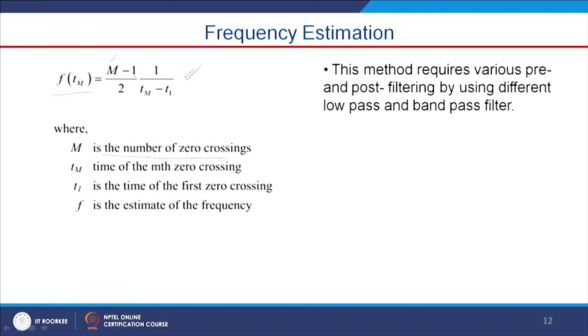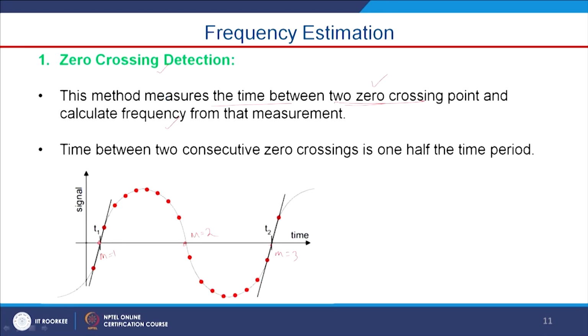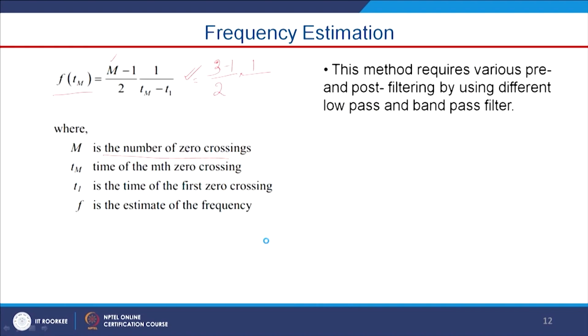Putting m equal to 3, I can write 3 minus 1 divided by 2, whole into 1 upon Tm minus T1, the starting time and the end time. In this case one cycle time period is 20 milliseconds, so the difference between these two should be 20 milliseconds. That means we get the fundamental frequency f, which will be 50 hertz.